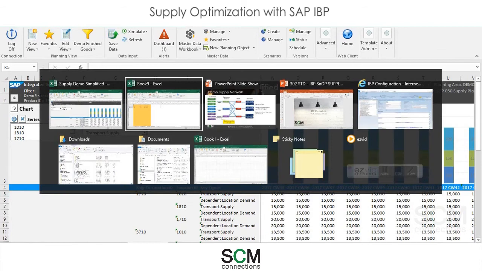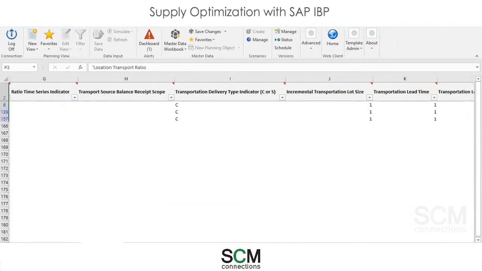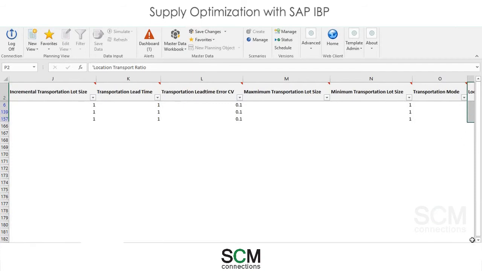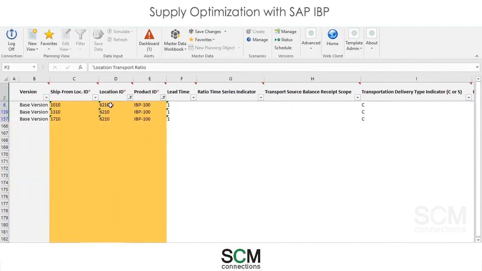Or if you look here, my ratios are 0.3, 0.3, and 0.4, which means that 1010 gets 30% of demand, 1310 gets 30% of demand, and 1710 gets 40% of the demand when running your heuristic, which is what we're doing here.